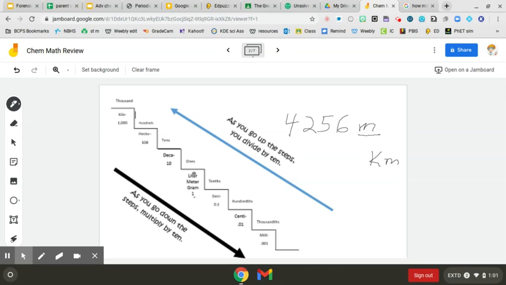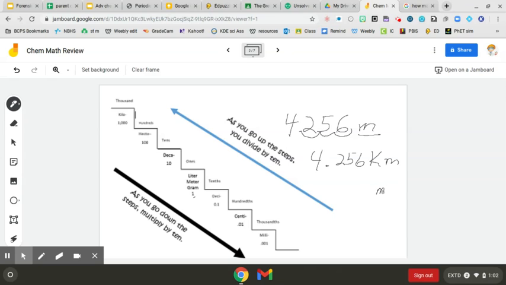Then I need to go 1, 2, 3 steps to the left. So I move my decimal 3 steps to the left. If there's no decimal there, you assume it was here. And you'd go 1, 2, 3, dividing by 10 3 different times. So I would get 4.256 kilometers.